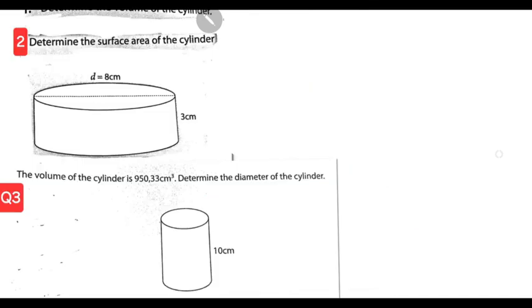Now guys, this question number 3, most of the learners when they see this kind of question they panic, but you don't need to panic because the volume of the cylinder he gives us now. He said determine the diameter of the cylinder. We need to find the diameter. Sometimes he asks you to find the h, the height of the cylinder.